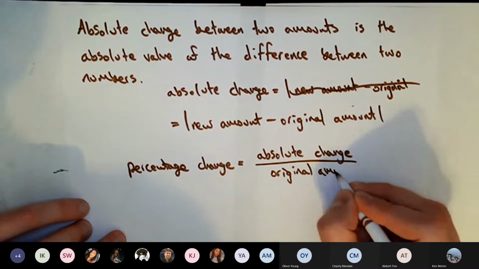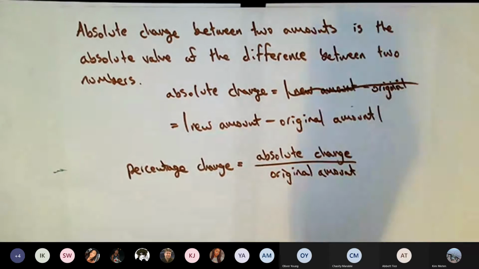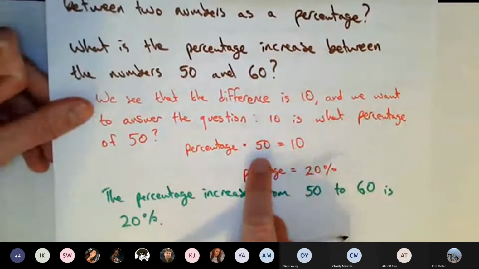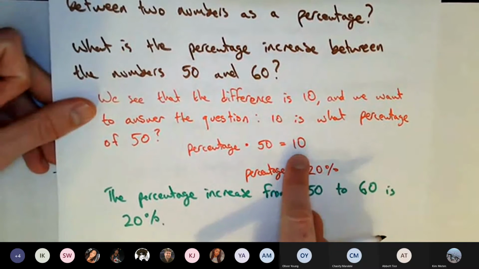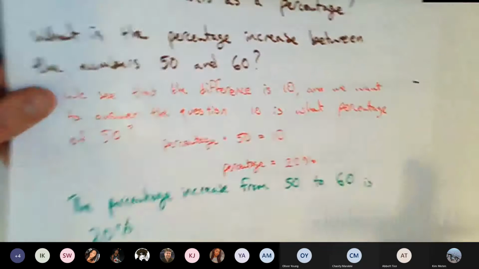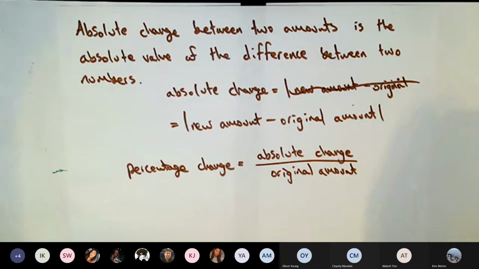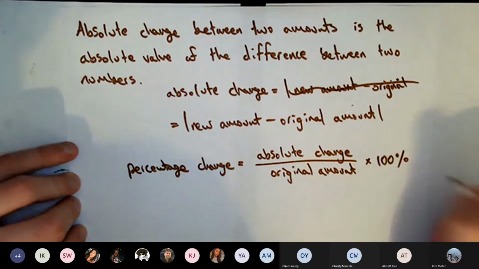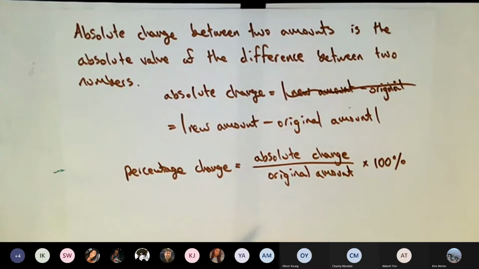This is exactly the math I did to solve for the percentage: I divided by 50. And then of course the last step is to change that into a percent by multiplying by 100%.